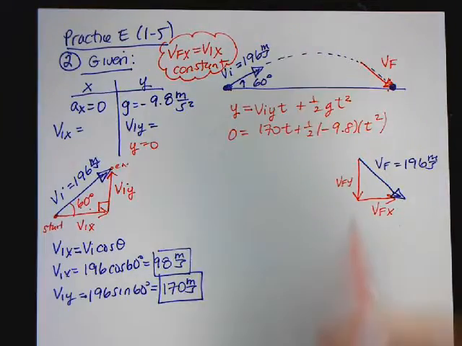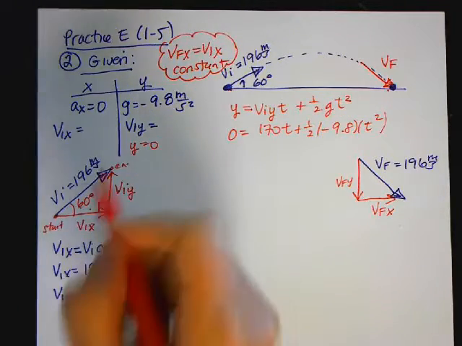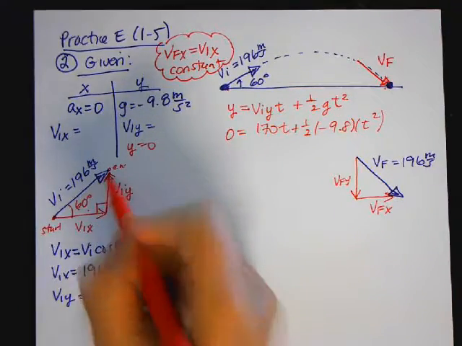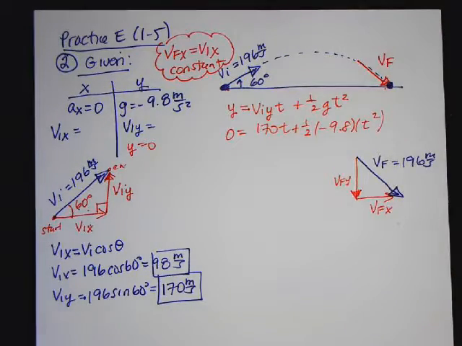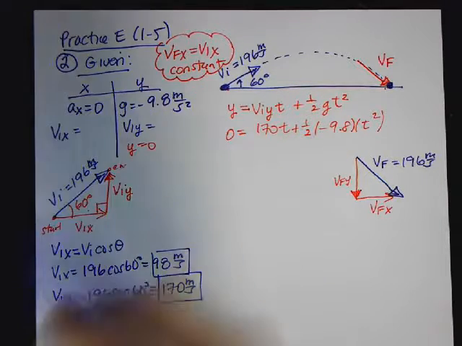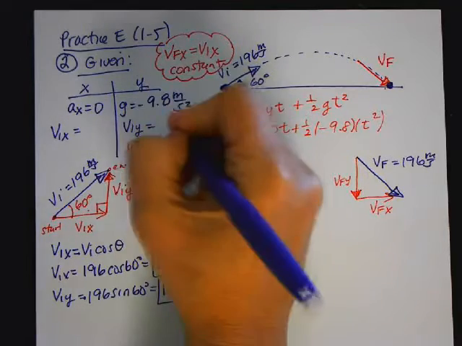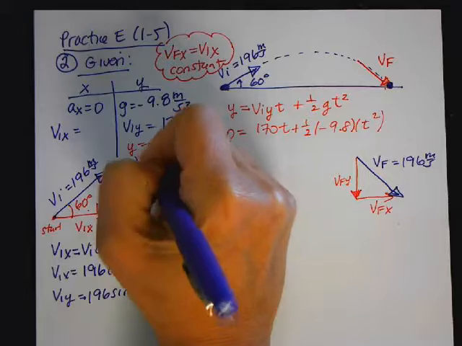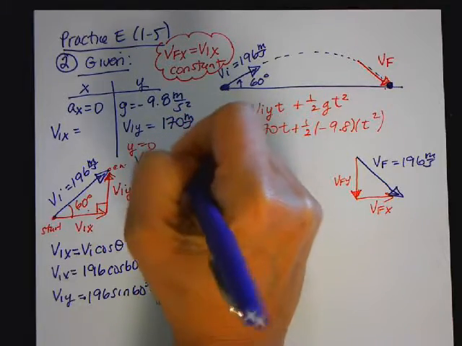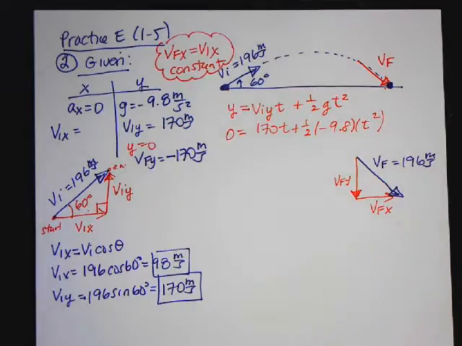Now if we look at this and this, we see that this VIY points up and this VFY points down. So those vectors are equal in magnitude but opposite in direction. So VIY was 170 meters per second and VFY is negative 170 meters per second.